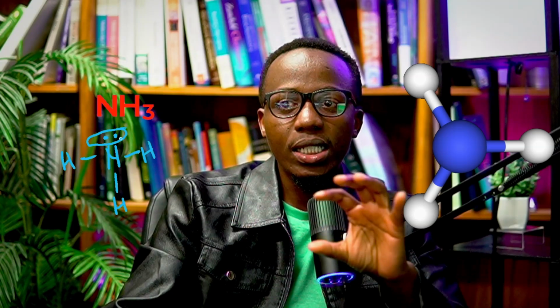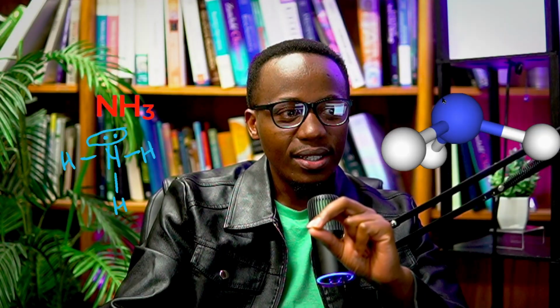Here we go. All right. So you're going to have nitrogen here, bound to hydrogens, right? But since nitrogen has 5 valence electrons, you'll have a pair of electrons here. And guess what? This is very, very important, because this pair of electrons is also going to occupy a shape.